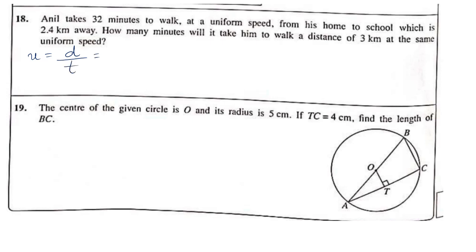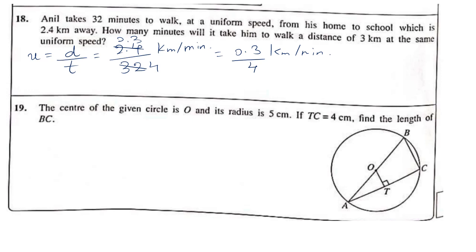Then we will find his speed, that is 2.4 divided by 32, that is kilometers per minute, right? Then you can divide by 8, then you get 0.3 and you get 4. This is equal to 0.3 divided by 4 kilometers per minute.